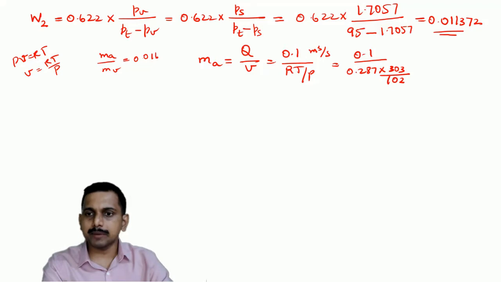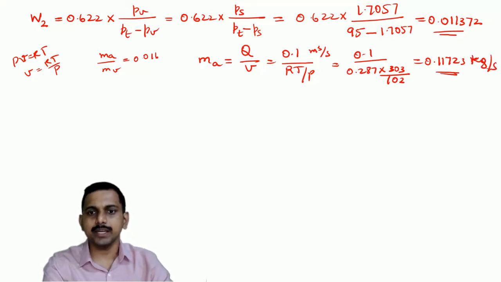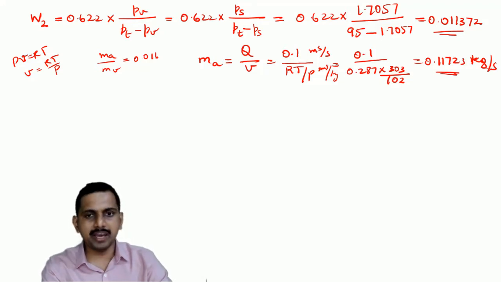The answer I am getting is 0.11723 kg per second, correct? This is meter cube per kg, so kg goes up and kg per second is the mass of air there.